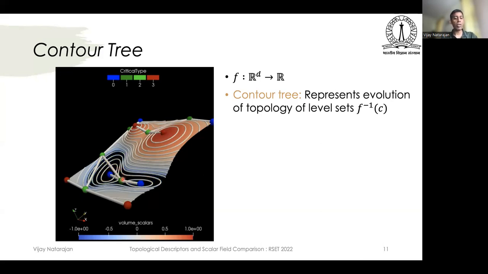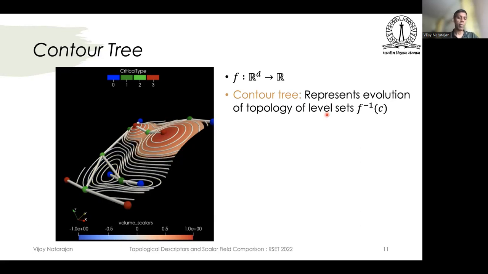The level sets merge at these green saddles, or they split again at green saddles, and they terminate at the red maxima. So this tree is called the contour tree, and it represents the evolution of the topology of these level sets.